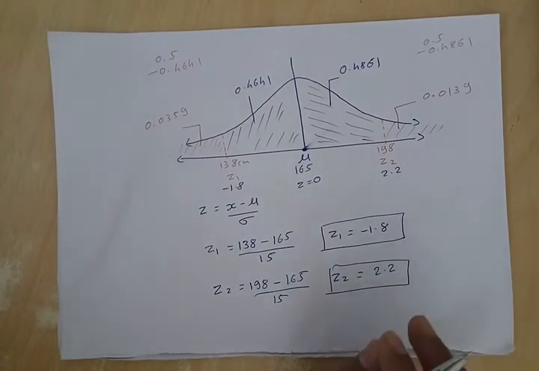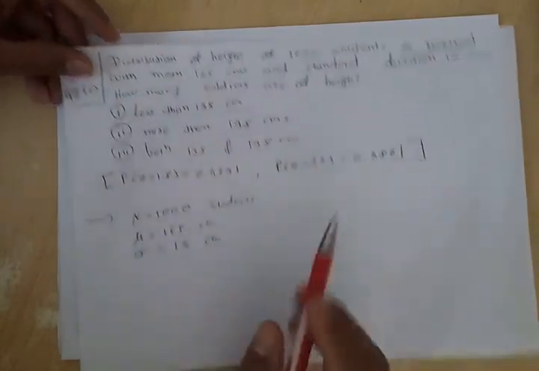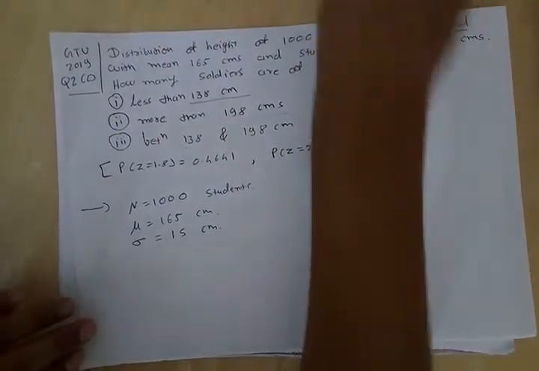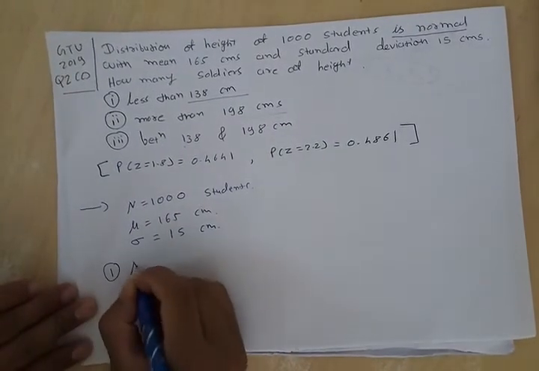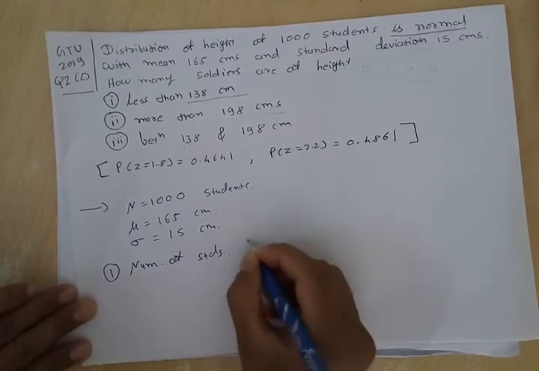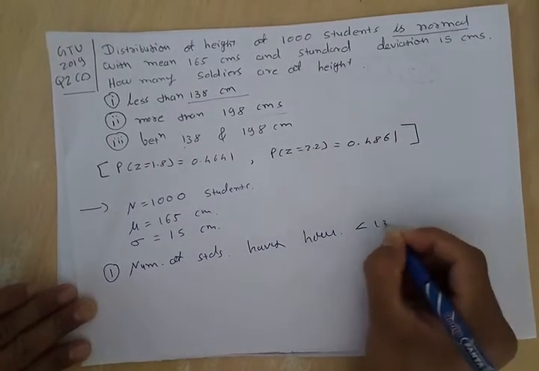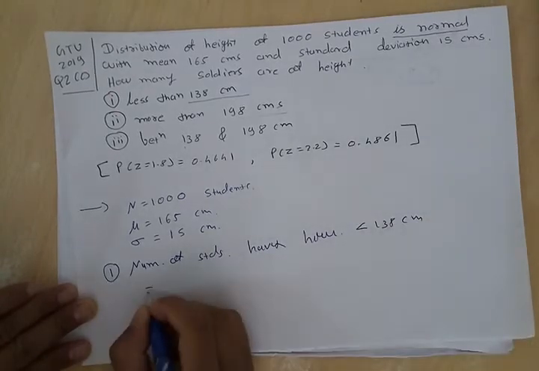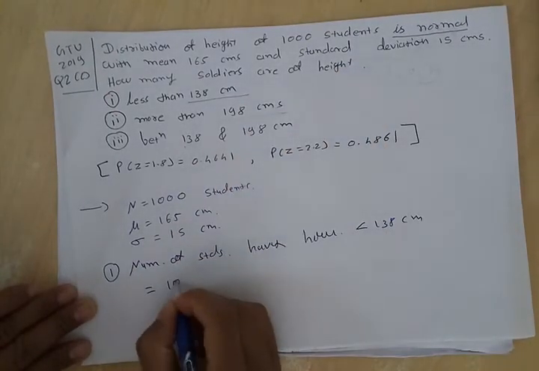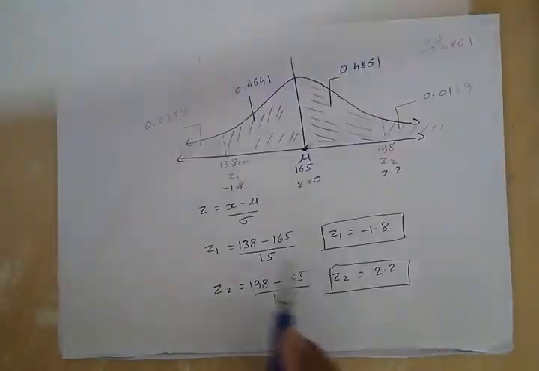So let us answer our first question: the number of students having height less than 138 centimeter. The number of students having height less than 138 centimeter is equal to 1000 times the probability of height less than 138 centimeter.